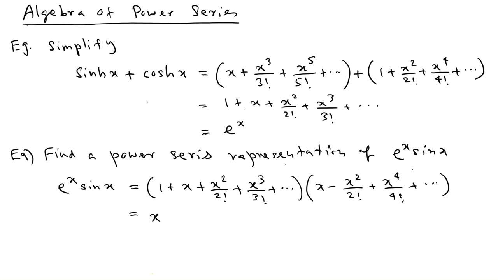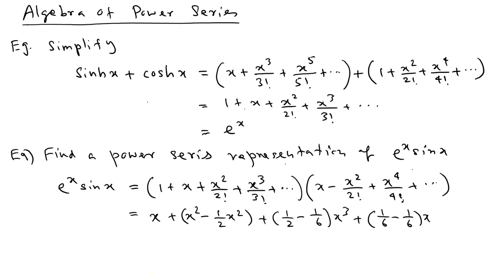So the next one would be x squared minus 1/2 x squared, and then keep doing, and then you're going to see that the next one would be 1/2 minus 1/6 x cubed, and then the next one would be 1/6 minus 1/6 x to the 4th.